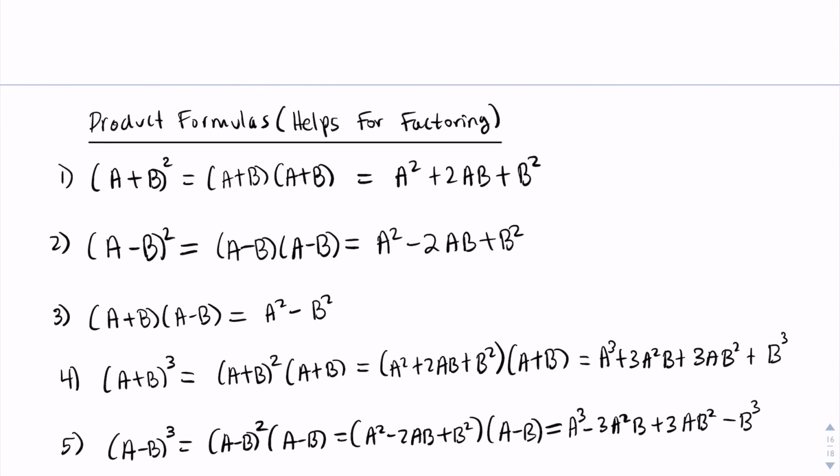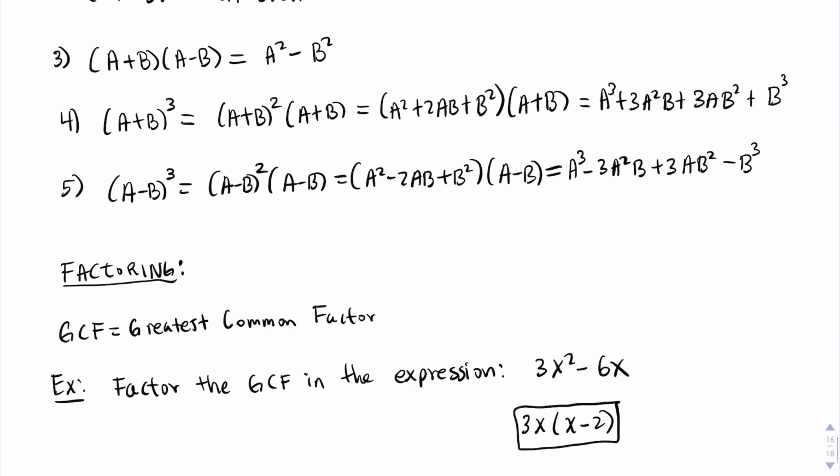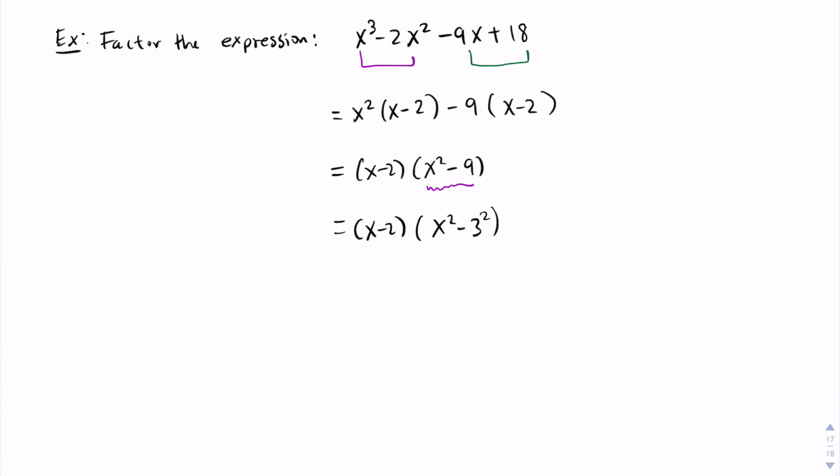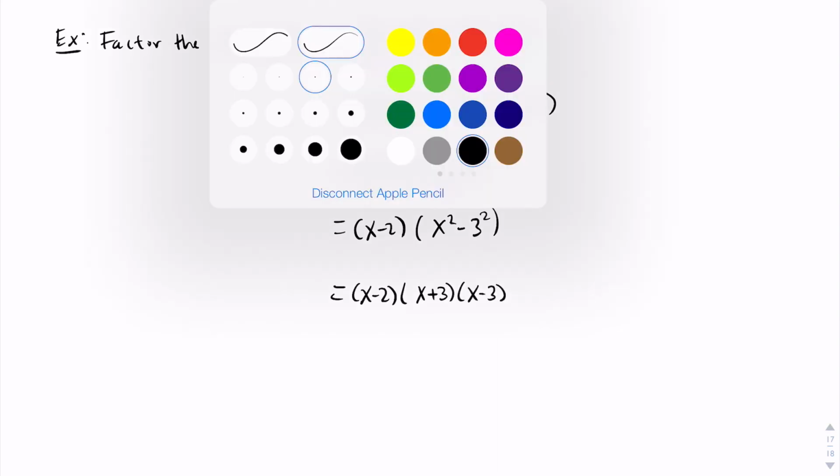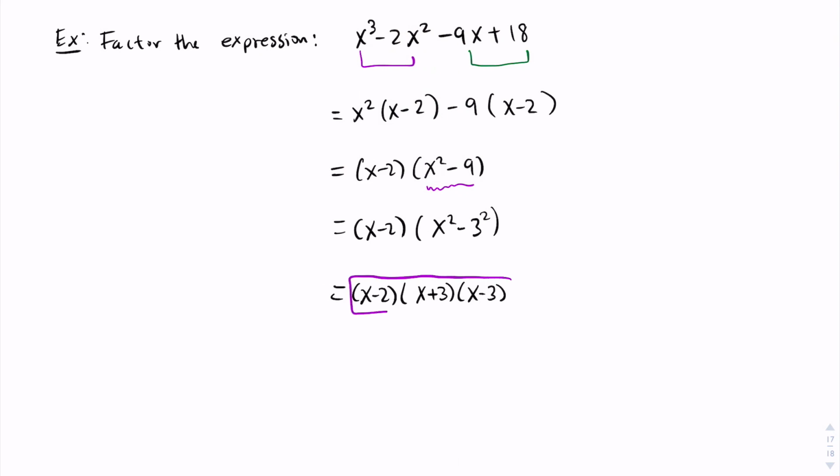If we had the difference of two squares, in this case x squared minus 3 squared, it will become a plus b times a minus b. In our case, it will become x plus 3 and x minus 3. So this one will be x minus 2 times x plus 3 and x minus 3. And this will be our answer here.